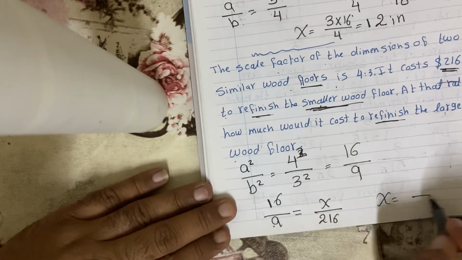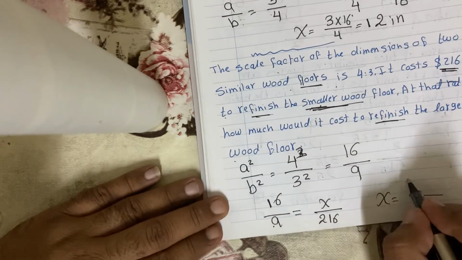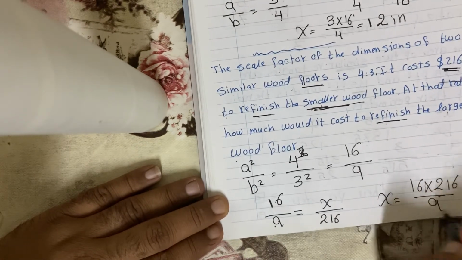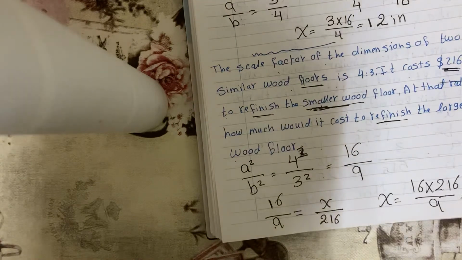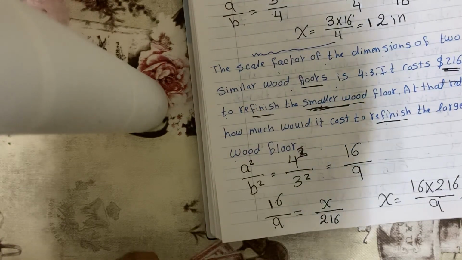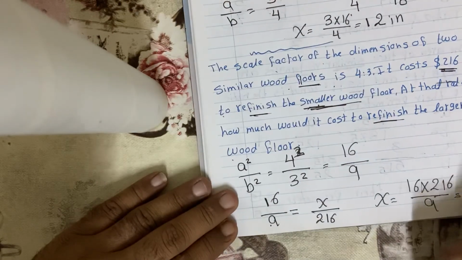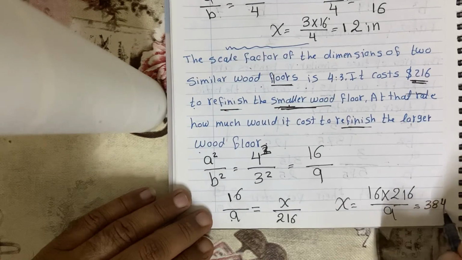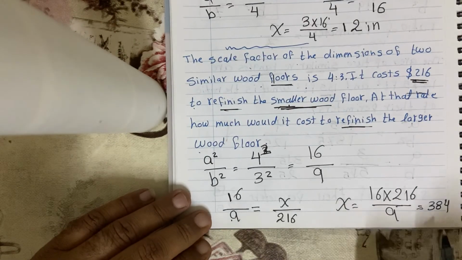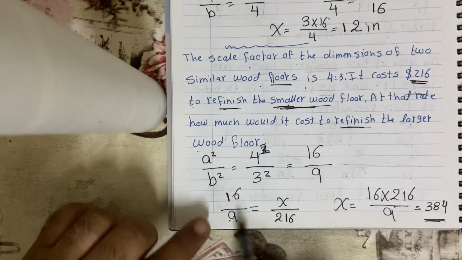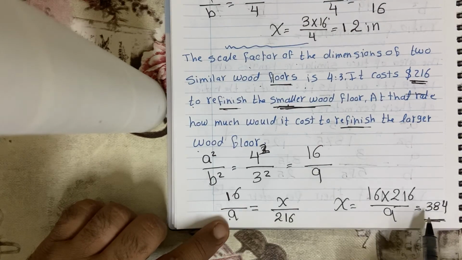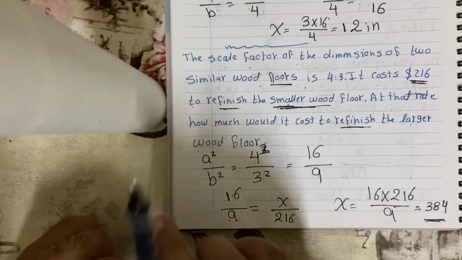X will be 16 times 216 over 9. The answer is 384. 16 times 216 divided by 9 is 384.